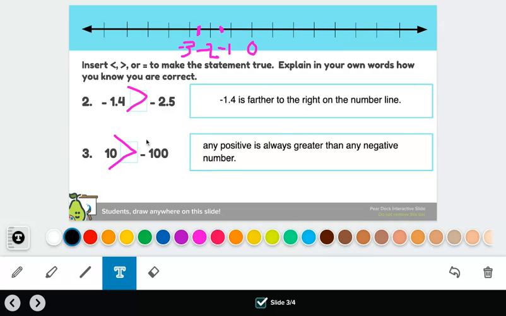If you had different numbers here, hopefully that still helps explain which direction your answer should be. If you were comparing two negative numbers, the one with the smaller absolute value is actually greater. Just think about it: it's better to only owe $1.40 than to owe $2.50.